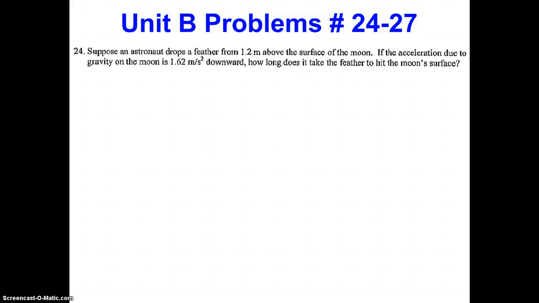Welcome to the solutions to the Regents Physics Kinematics problem set, problems numbers 24 and 25. This is a set of problems that switches direction for us. Most all of the problems that we've done thus far in our study of one-dimensional motion have been horizontal, so all the objects have been traveling sideways.